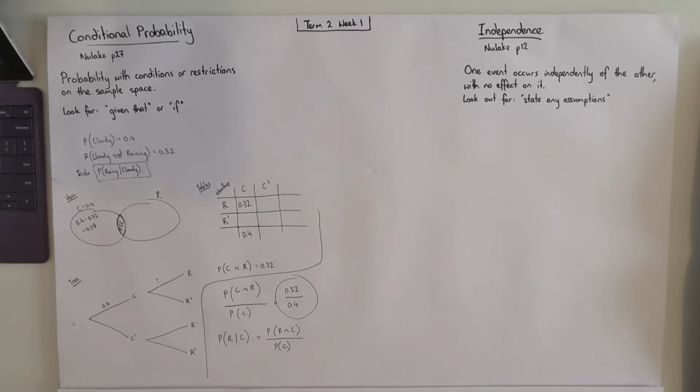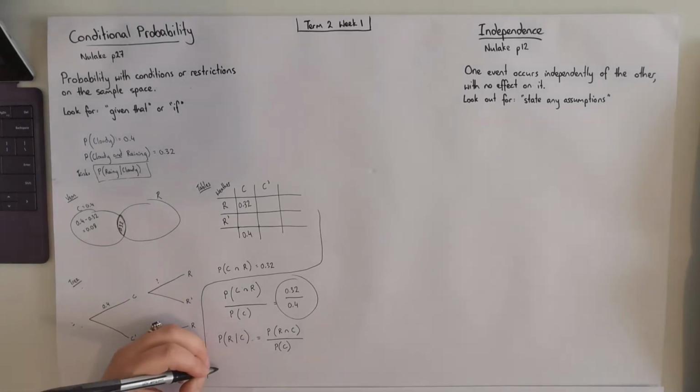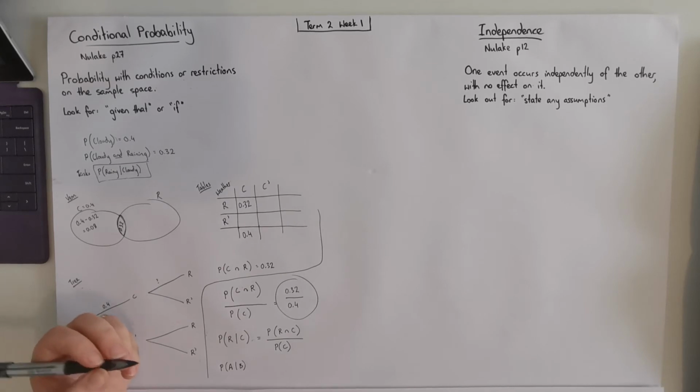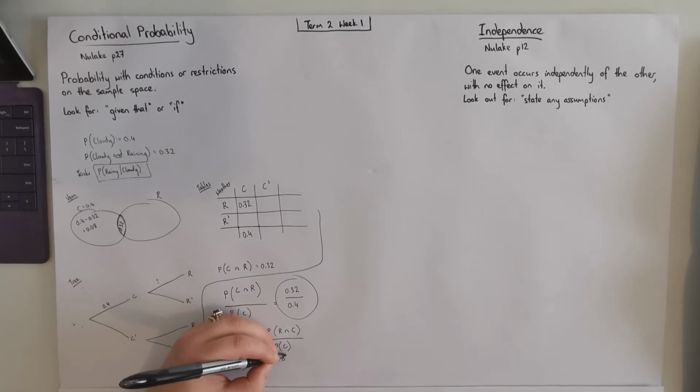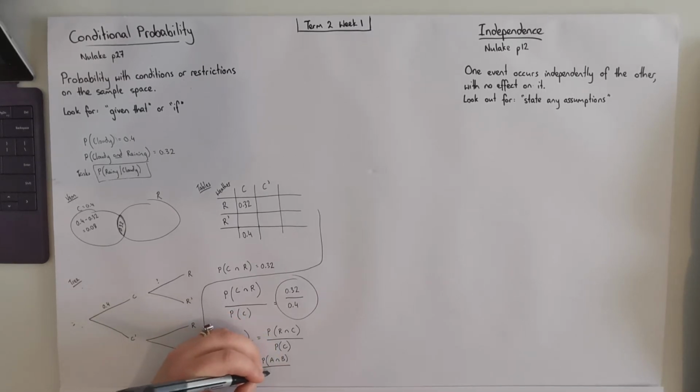Of course, on your formula sheet, we wouldn't necessarily be talking about cloudy and raining, so they use the generic A and B. The probability of A given B, or event A given that event B has already occurred, is equal to the probability of the intersection of those two events A and B divided by the probability of the condition, in this case B. It is always in that order.